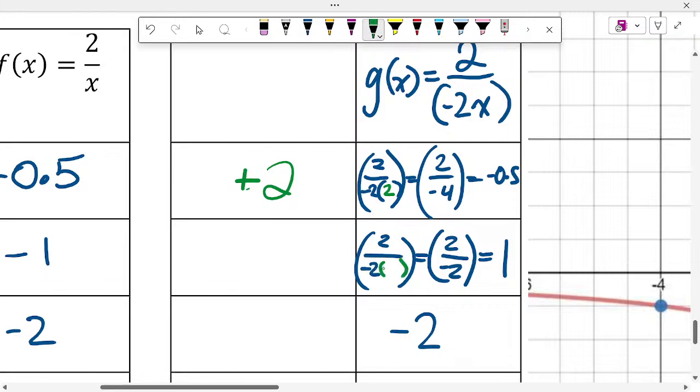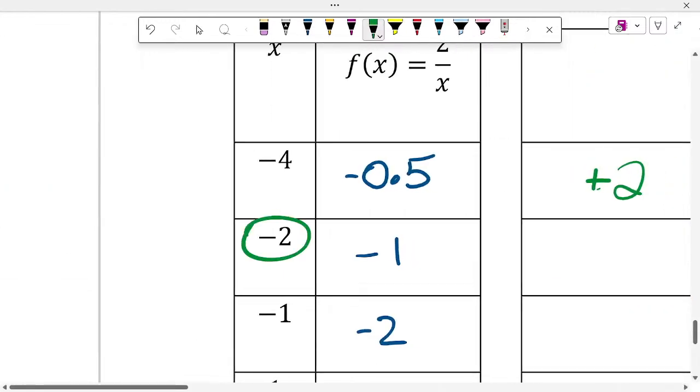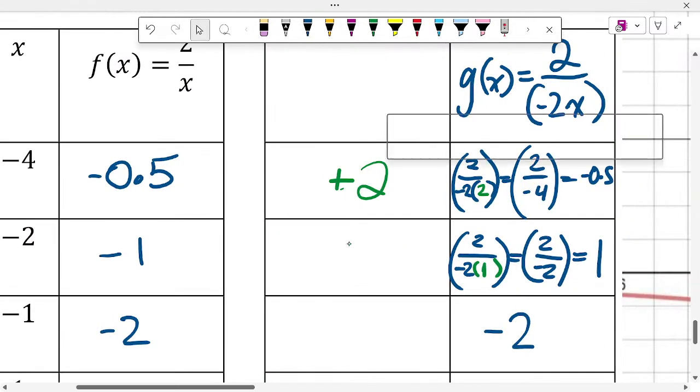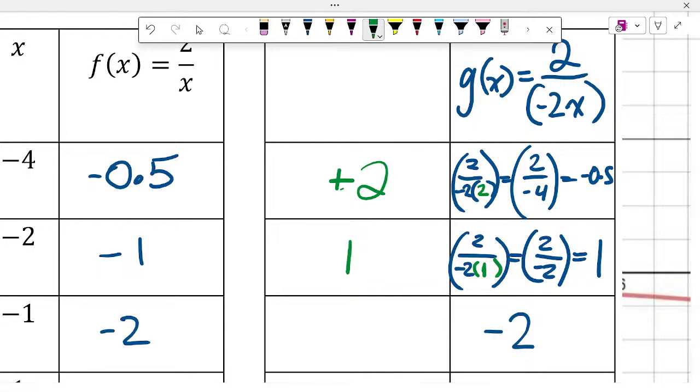So what x value am I going to put in here if I want that bottom to be negative 2? 1. Good. 2 over negative 2 times 1 is just 2 over negative 2. So the old x value is negative 2. The new x value is just 1.